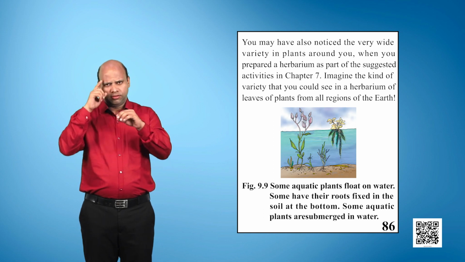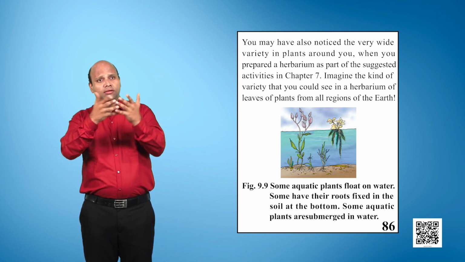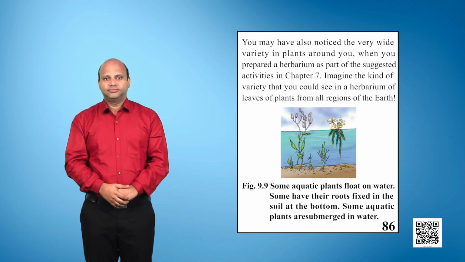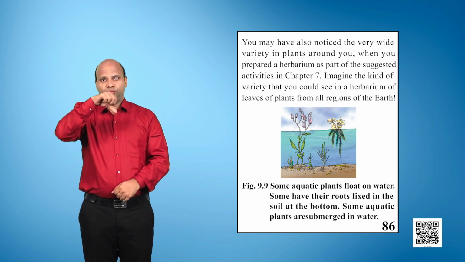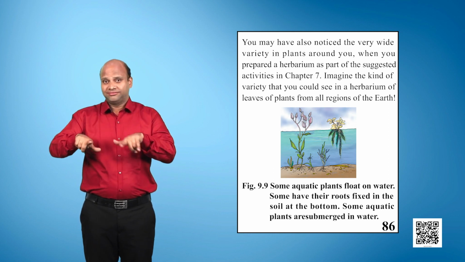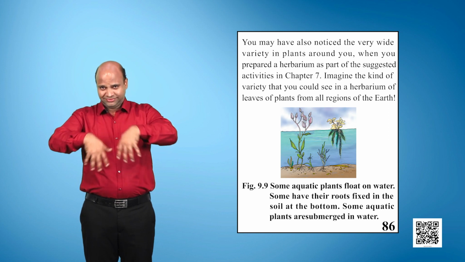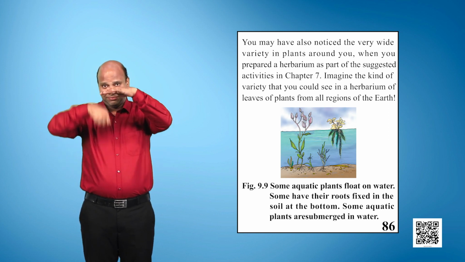Imagine the kind of variety that you could see in a herbarium of leaves of plants from all regions of the earth. Figure 9.9 shows some aquatic plants that float on water. Some have their roots fixed in the soil at the bottom. Some aquatic plants are submerged in water.